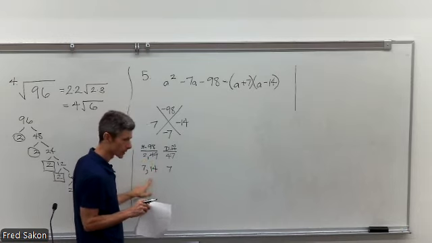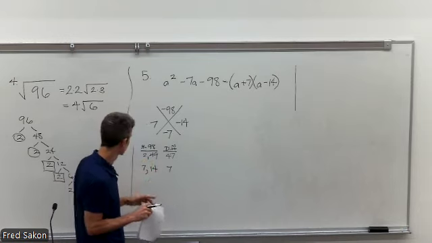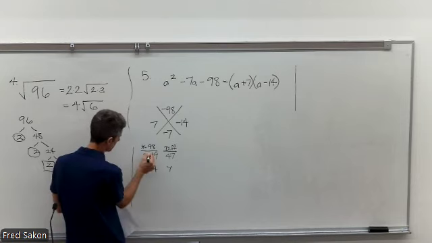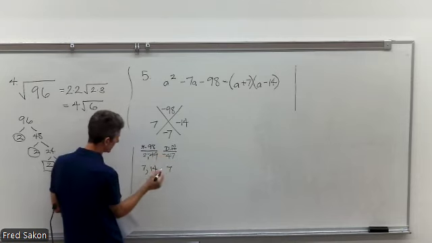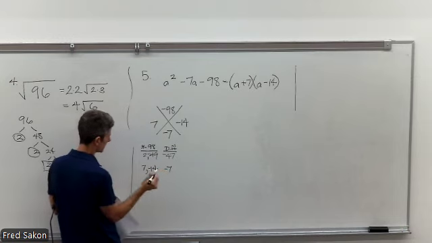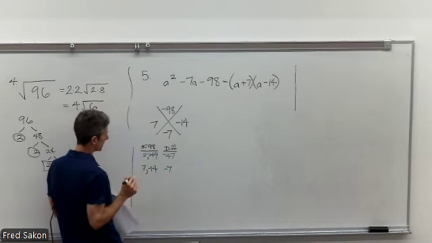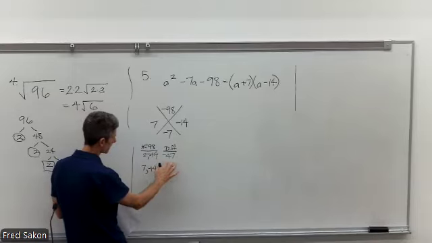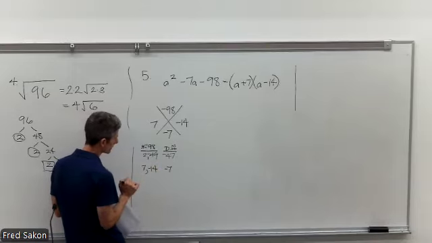This is the one that works. I'm just going to put negatives in here because we need -98, right? And then when you figure the difference, we're looking for -7.